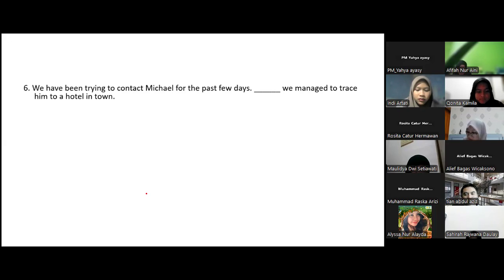If it is difficult, try to translate into Indonesian and choose the best connector in Bahasa, and after that translate to English.